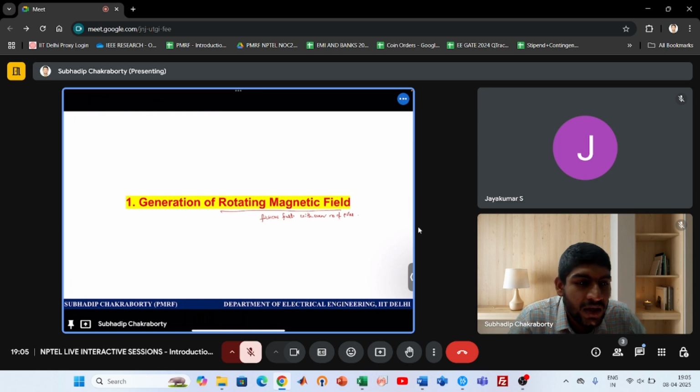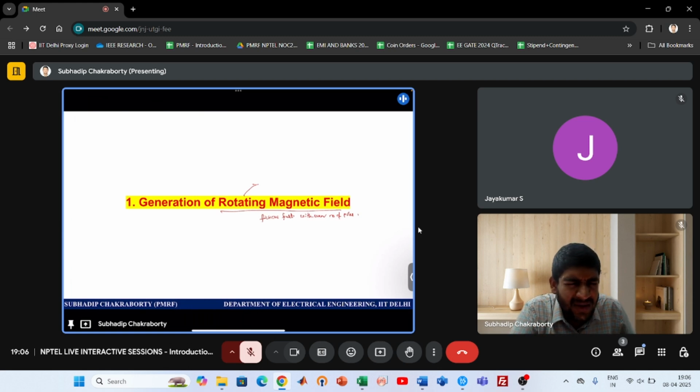Because, by Gauss's theorem of magnetism, magnetic monopoles do not exist. So they are always in pairs: 2, 4, 6, 8, like that. This rotating magnetic field may comprise 2 poles, 4 poles, 6 poles, and we saw how to create n number of poles in the stator by the winding. Remember, right, in the previous week.